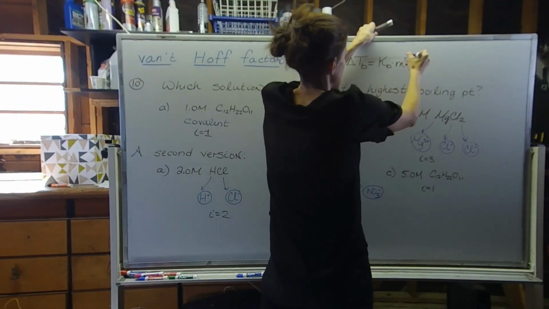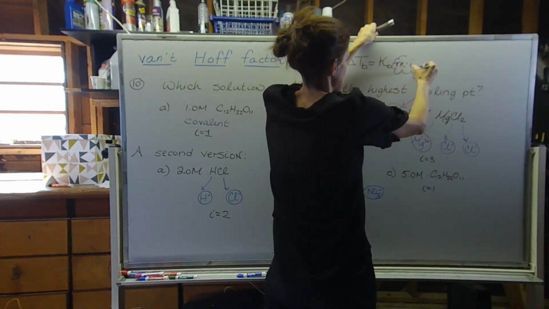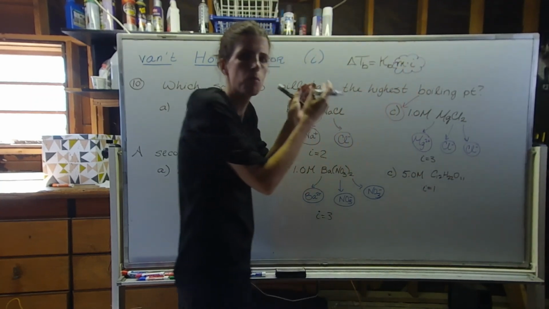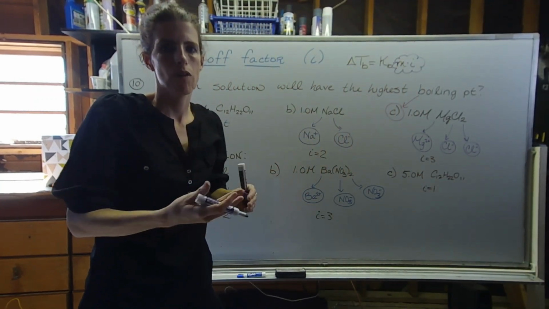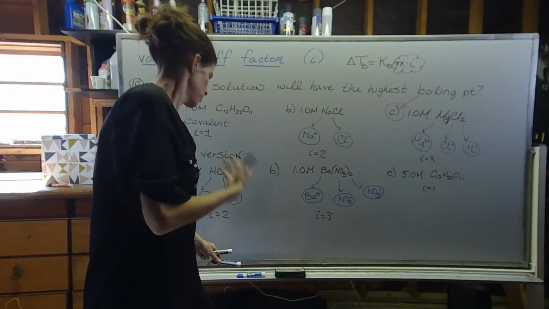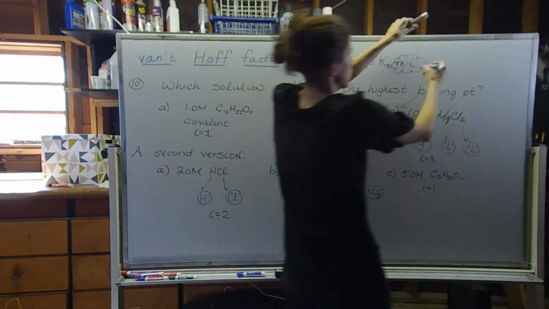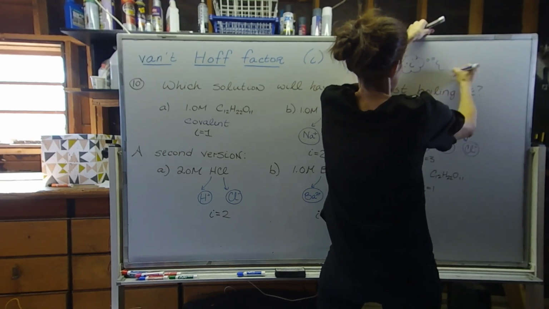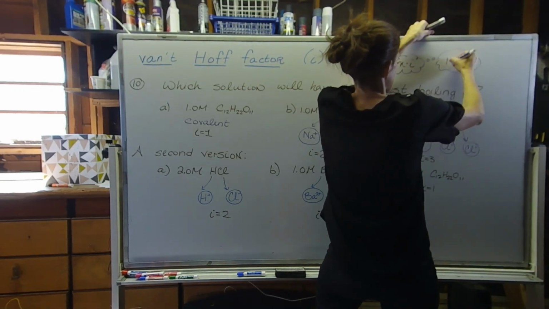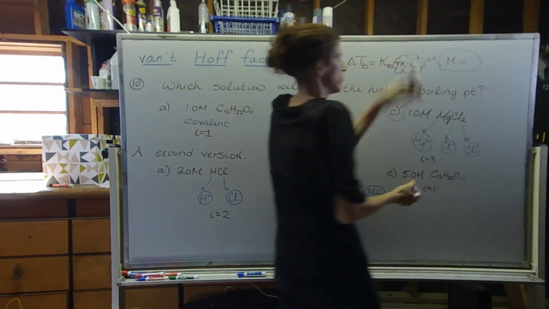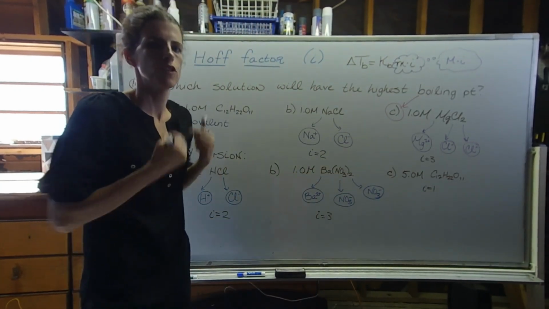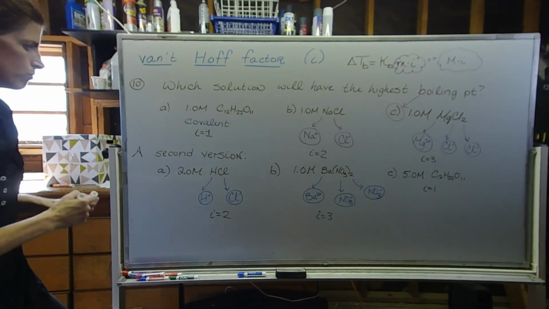Rather, I'm going to focus on what is the impact of molality and the van 't Hoff factor together. But since I don't have a molality, I'm going to just multiply the molarity times the van 't Hoff factor to get a feel for the impact of the 2.